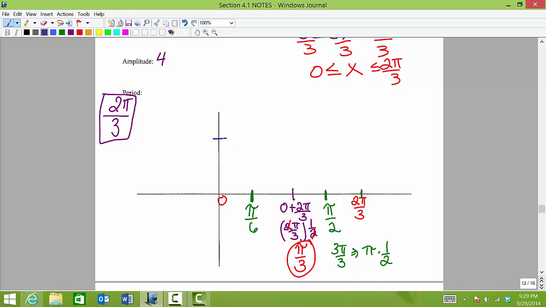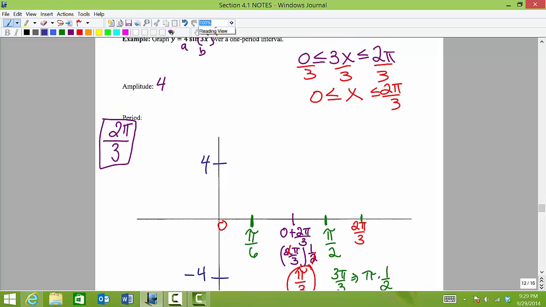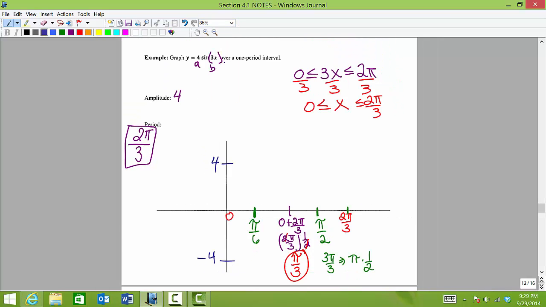Our amplitude is 4, so the vertical distance from the bottom to the top of our graph will be 4. And we are graphing sine, and sine starts at 0, starts at the x-intercept, goes to the max of 4, comes back down to the x-axis, goes down to the min of -4, and then comes back to the x-axis.